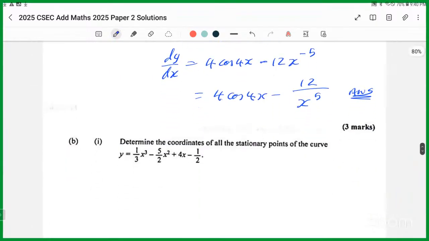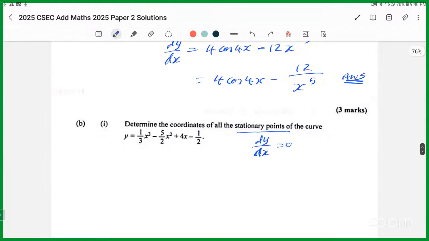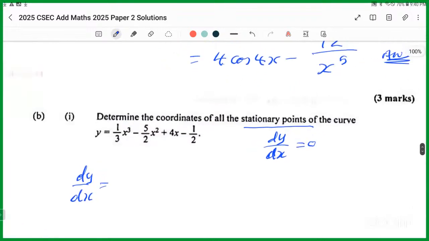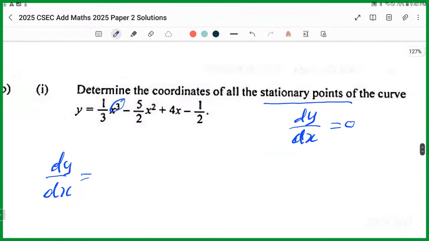Next part says determine the coordinates of the stationary points. Remember, at the stationary points, dy by dx is equal to 0. So I'll differentiate this and set it equal to 0. The dy by dx on this function: this one is a cube, divided by 3, we can cancel, we get x squared.